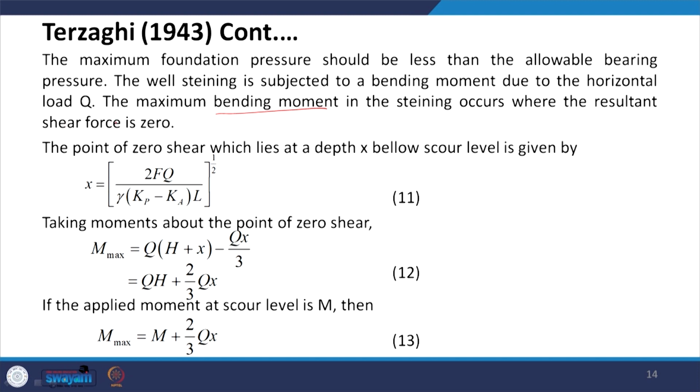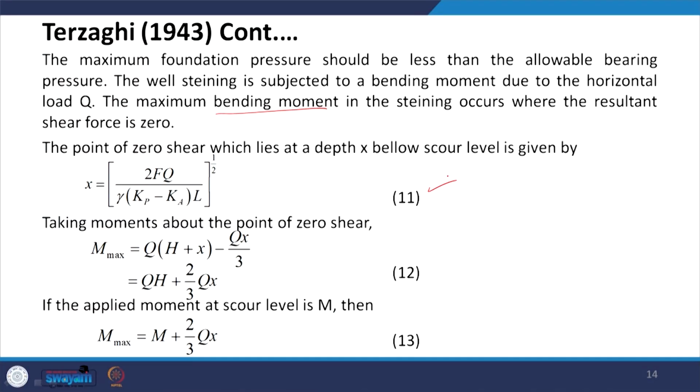The point where the shear force is 0 can be located using equation 11. Once x is known, we can find the maximum bending moment using equation 12, Mx = Q into (h plus x), where x is obtained from equation 11.